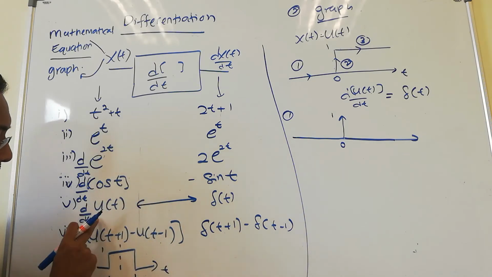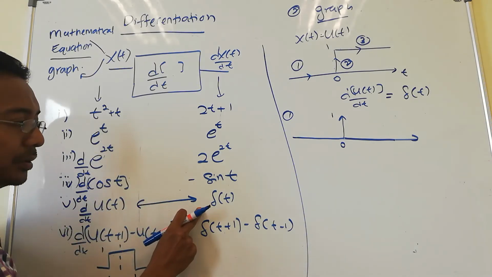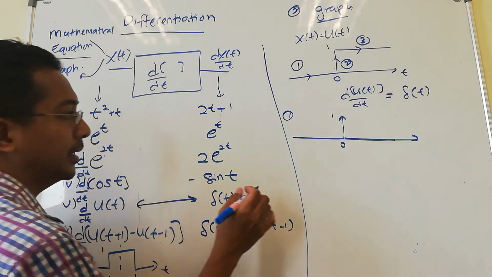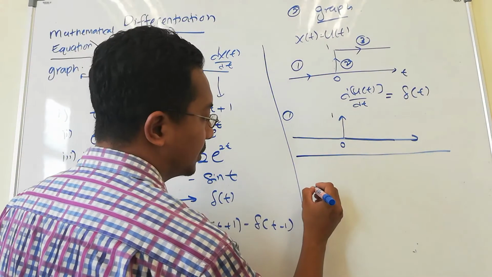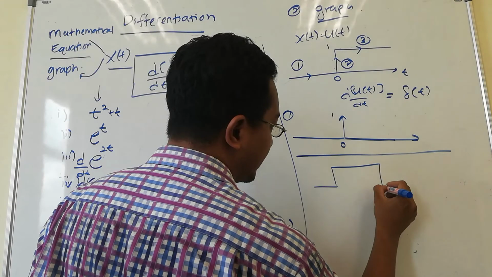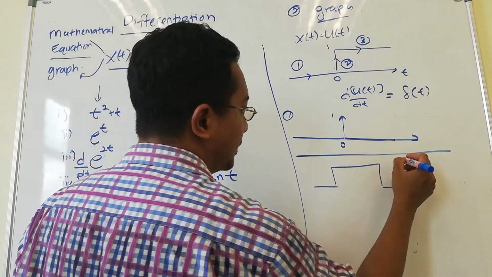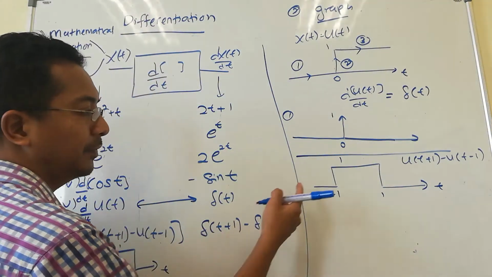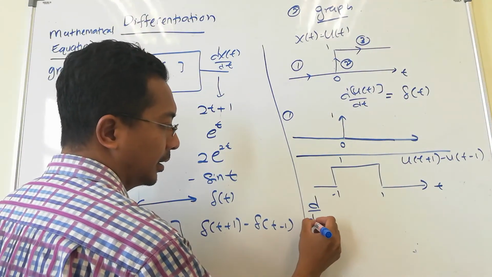Okay, if we take another example over here, we have our rectangular signal, which is t and 1, and then when we differentiate this one, of course we need to know how the graph looks.